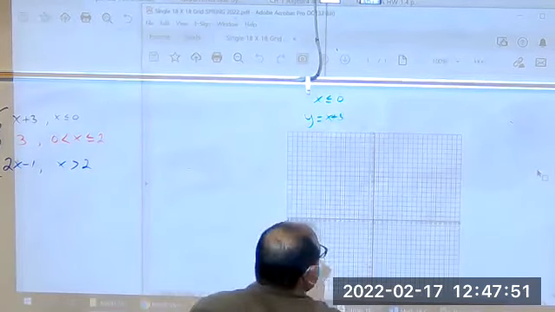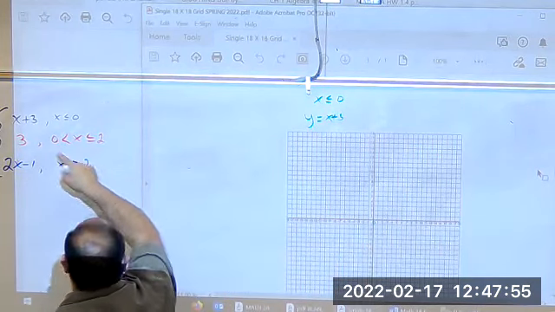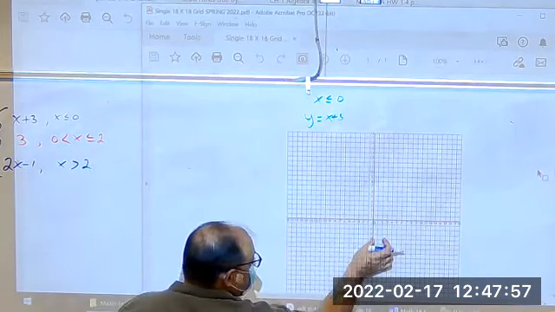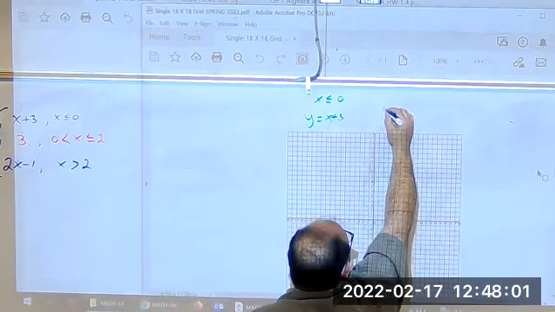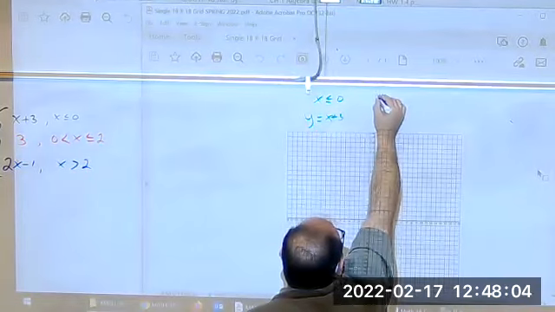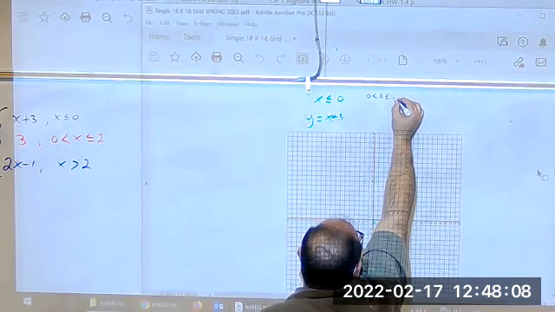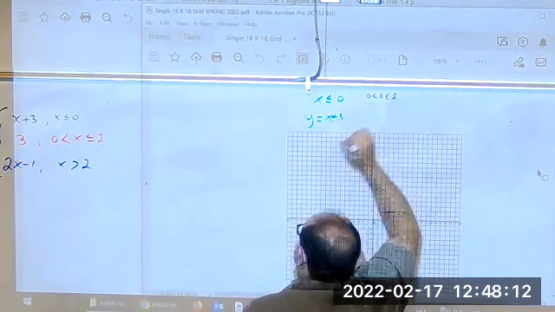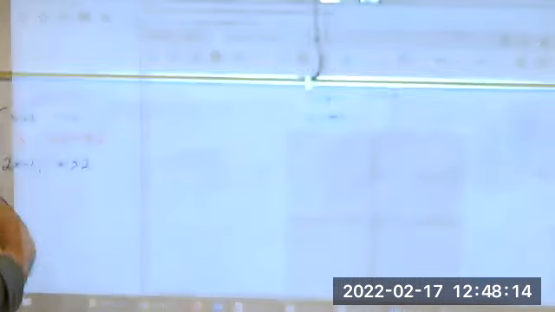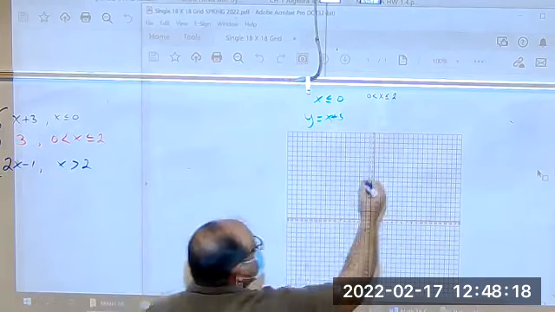Then the middle piece, in between 0 and 2, for all the x's that are bigger than the 0, but less than or equal to the 2, f of x equals 3, but again, that means that y is always 3.